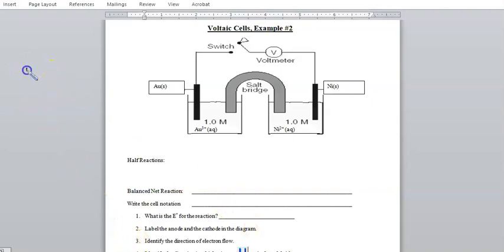Okay, so we've got gold 3+ plus 3 electrons, it's going to make some gold solid. Again, I'm doing this just to figure this out for a second, so I'm pulling from that chart first.